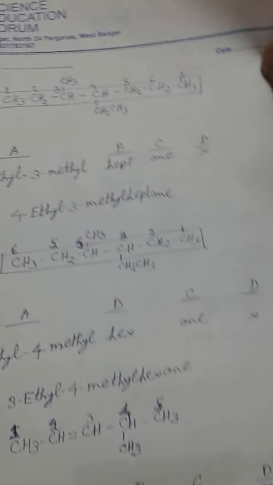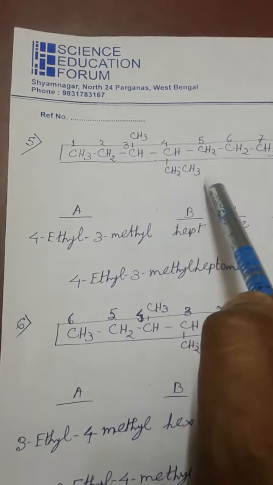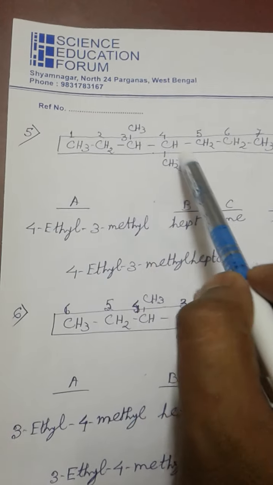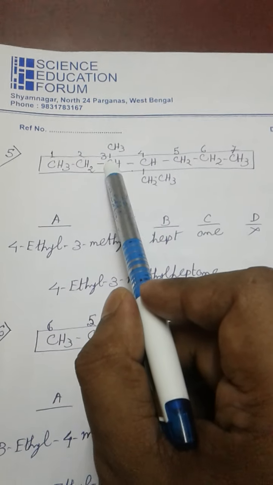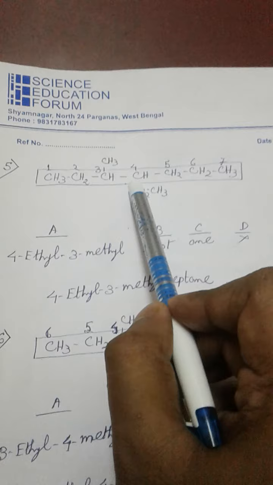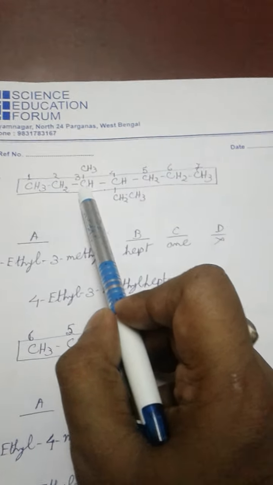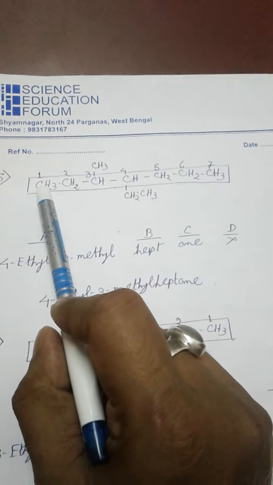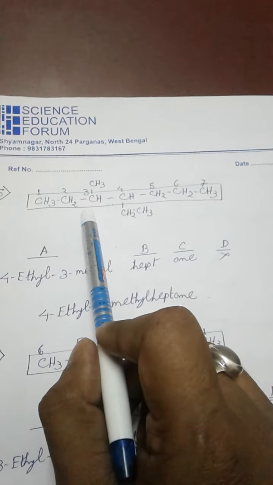Another example is this. Here 2 different side chains are present, one is methyl and one is ethyl, and if I start from the left side, then they get locants 3 and 4. If I start from the right side, then they get 4 and 5. So according to the minimum locant rule, we must start from the left side.